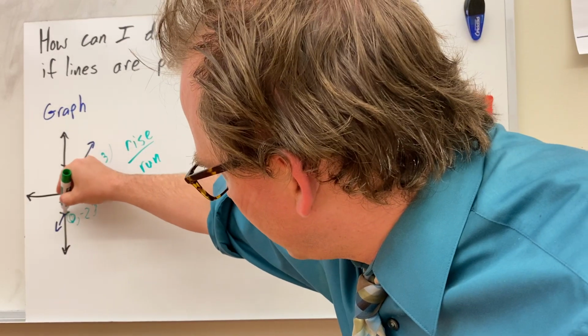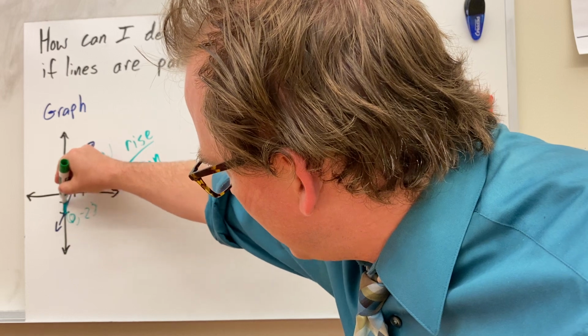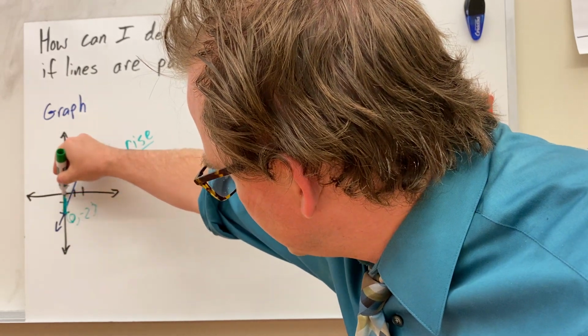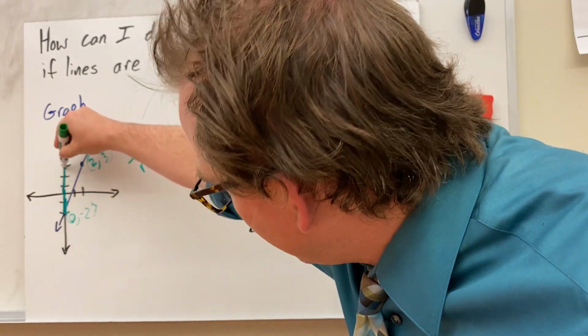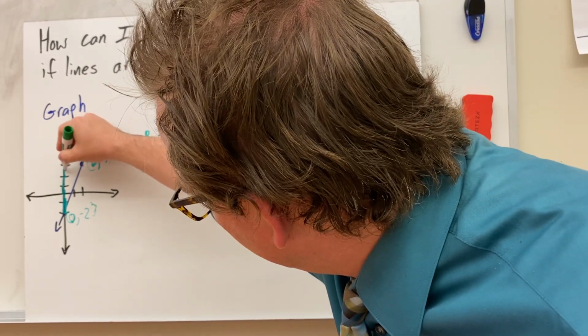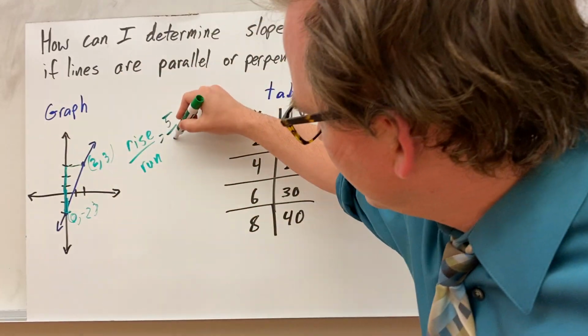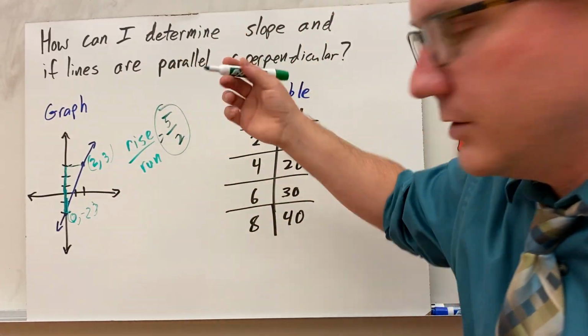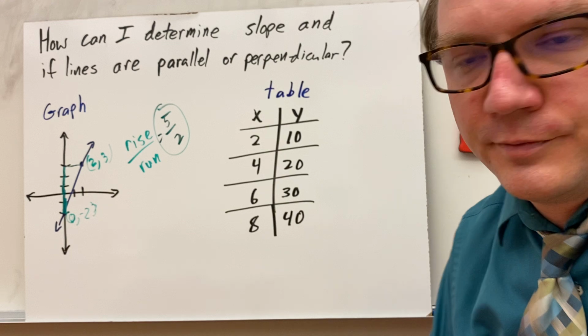How far up do I go? In this case, I go up 1, 2, 3, 4, 5. I go up 5, so it will be 5 over, and I go over 1, 2, 2. So my slope is 5 over 2. That's the slope on this graph.